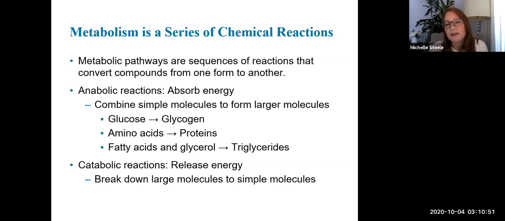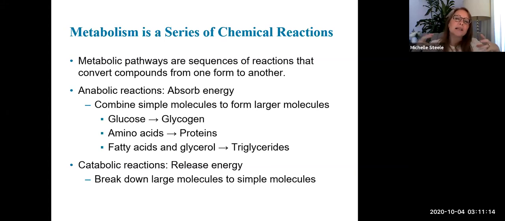When we talk about these specific chemical reactions, there are two main types, one known as anabolic and another known as catabolic reaction. Some of you may have heard the term anabolic as in anabolic steroids. This is a type of steroid that might be used to build muscle mass, right? You might have heard of this.